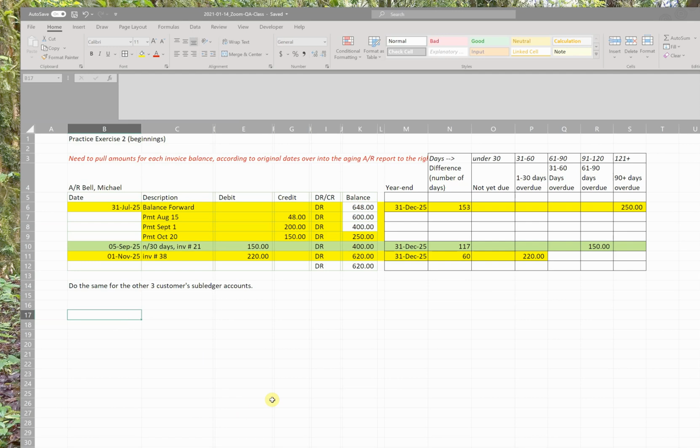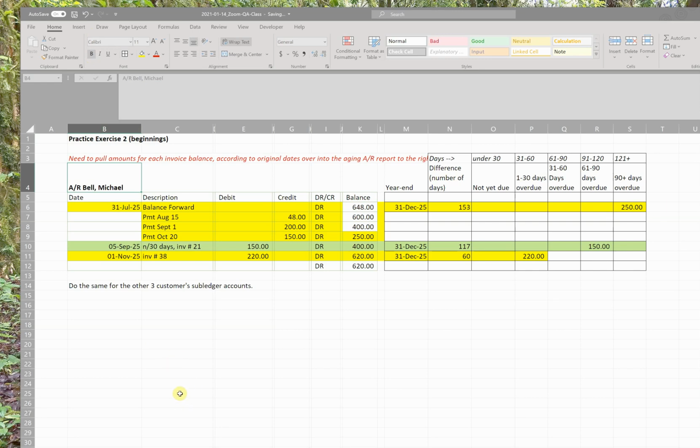So just as a quick run through, for practice exercise 2, the difference between it and practice exercise 1 is you need to break out the different invoices by date issued within each customer account.